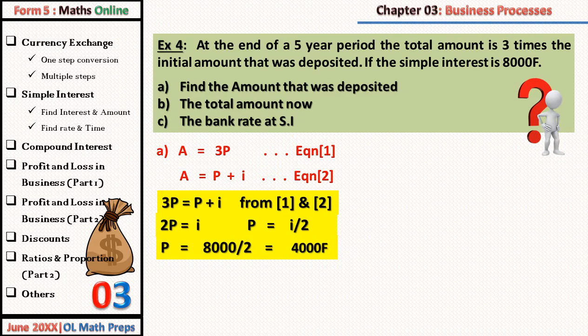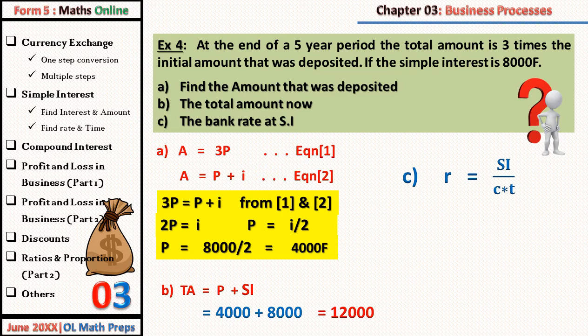Therefore, the principal will be 8,000 francs over 2, which is 4,000 francs. B, the total amount will be principal plus simple interest. That gives us 4,000 plus 8,000, which equals 12,000. And the bank rate is given by simple interest divided by capital times time. This gives us 8,000 over 4,000 times 5. So we have a rate of 40% per year.